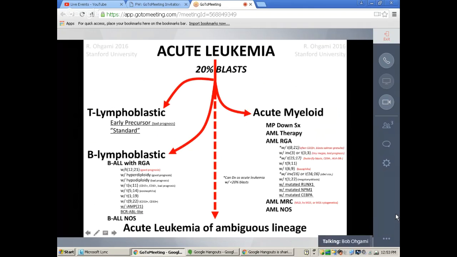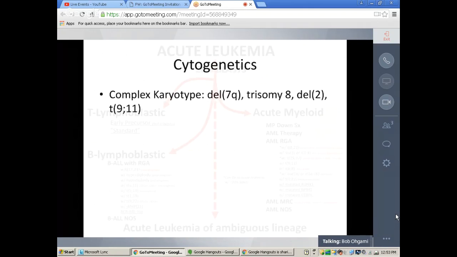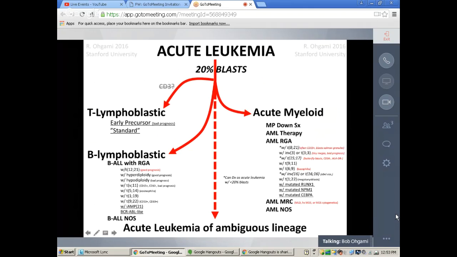And so what's your diagnosis here? Again, we can return to our roadmap. So we have more than 20% blasts, taking this into acute leukemia land. We don't have CD3 expression or B cell markers like CD19, CD79A, or CD22, but we do have MPO expression, taking it into acute myeloid leukemia. Now we head down our roadmap trying to figure out what subclassification of an acute myeloid leukemia we are dealing with.